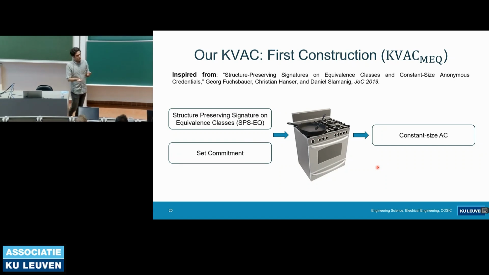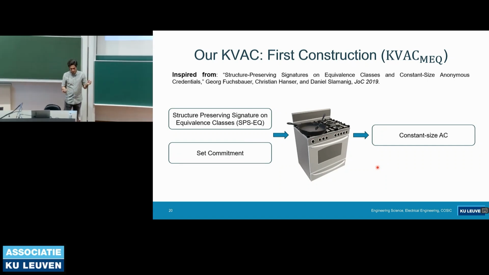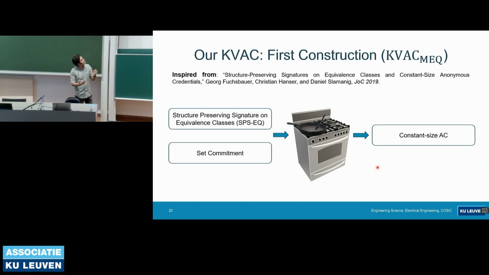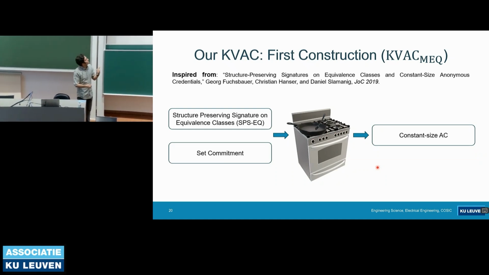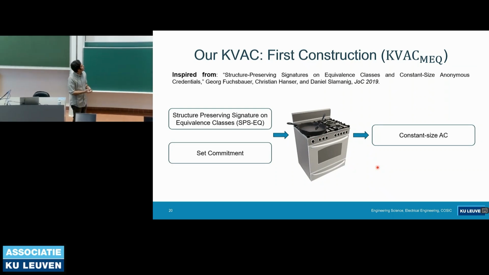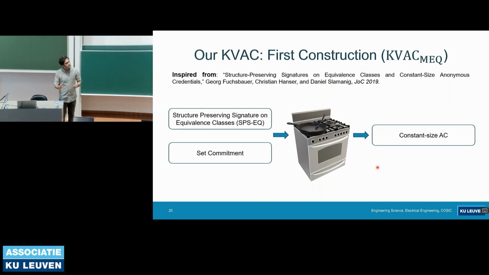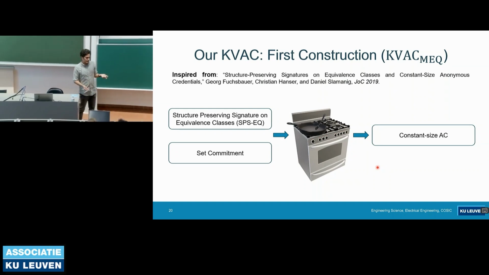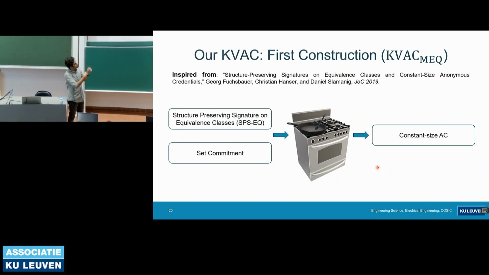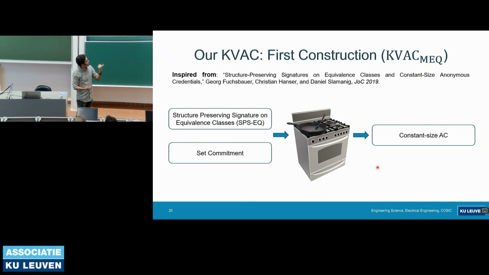They combined two ingredients: one is a structure-preserving signature on equivalence classes, or SPSEQ, which is a specific digital signature that enables the user to randomize both the message and the signature, and also a set commitment. They designed these two schemes and combined them to have a constant size anonymous credential.